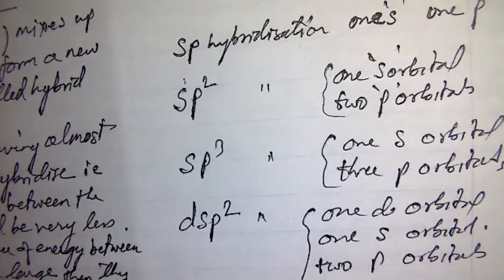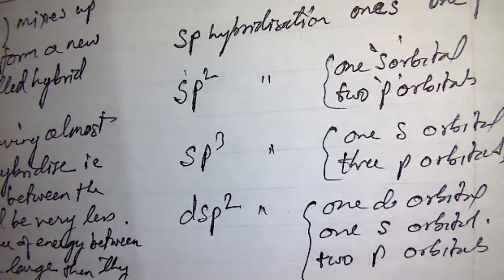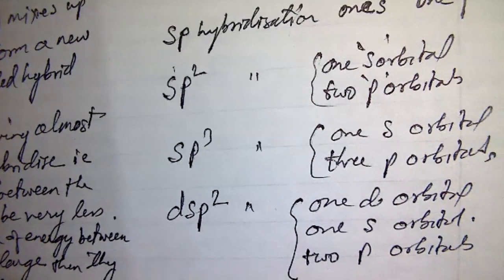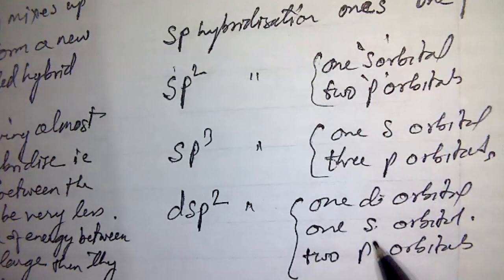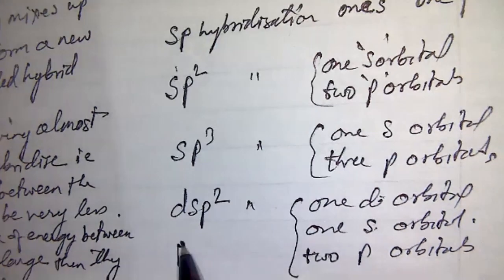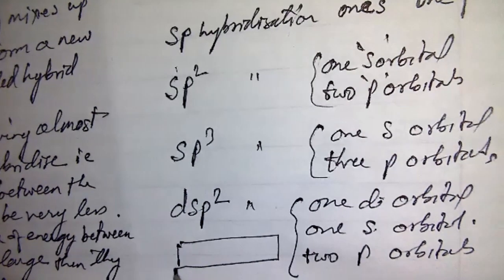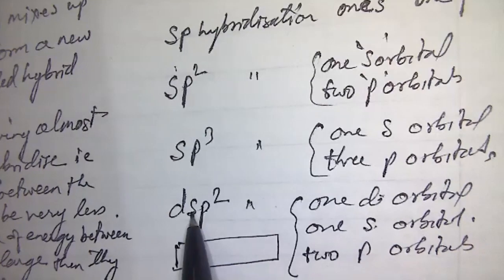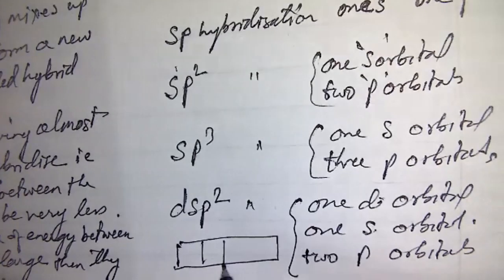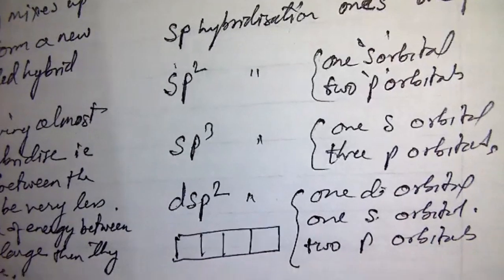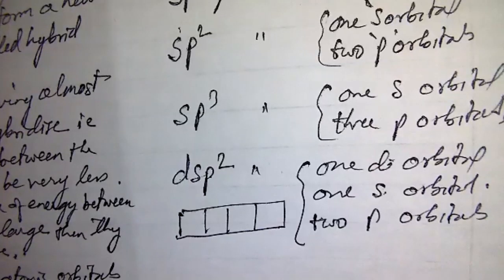When they mix up, whatever is formed, they all will be exactly identical. Clear? This was different, this was different, this was different. But when they combine, I'll write all of them together. 2, 3, 4. 4 things are formed means all 4 will be exactly identical.